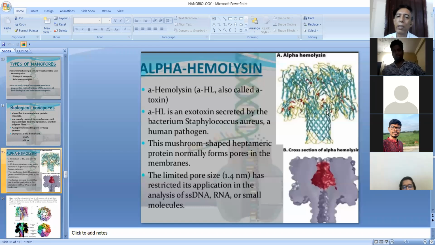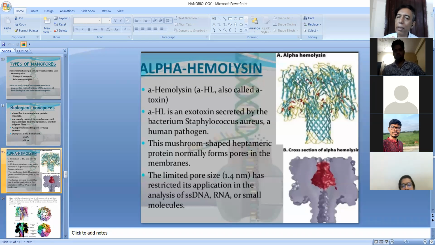It is a toxin that is secreted by Staphylococcus aureus, which is one type of bacteria. This alpha hemolysin is found from one type of bacteria called Staphylococcus aureus.